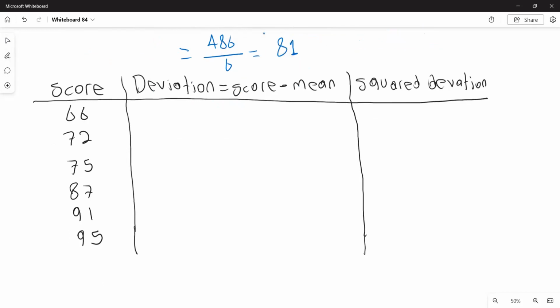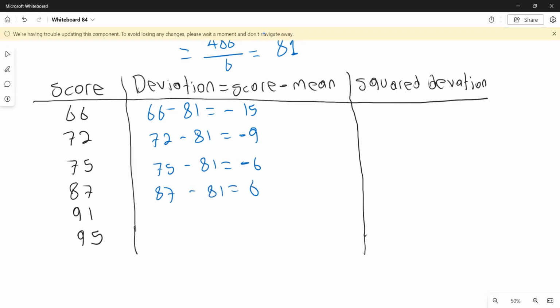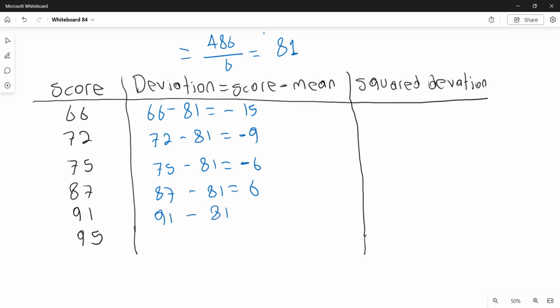So that is 66 minus 81, 72 minus 81, 75 minus 81, 87 minus 81, 91 minus 81, and 95 minus 81.